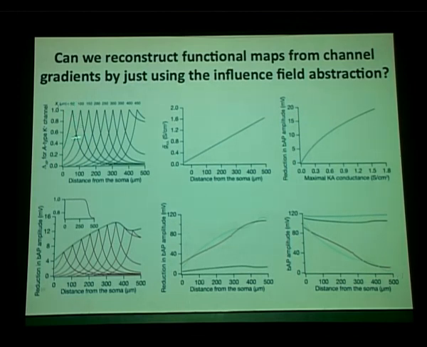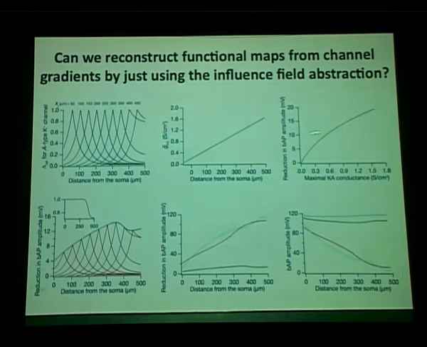I have shown only a few of them, but we took it at various different locations, and we had a gradient of A-type potassium channels. This is the gradient in A-type potassium channel which we placed. This is equivalent to having different clusters or different densities at different locations.